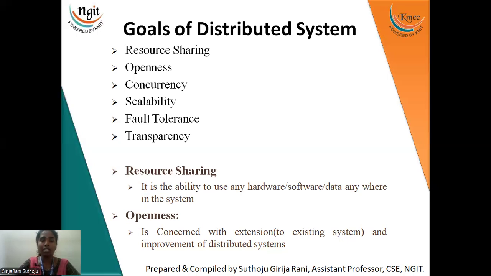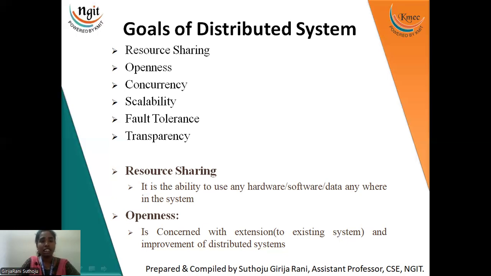This is the main thing which should be available in the whole distributed system, right? The systems must be open to accept upgrades every time, because a lot of trends are happening, right? All the trends should be given to our systems immediately, with updates done within a fraction of a minute. For that reason, openness is an important goal to achieve a number of things in the distributed system.